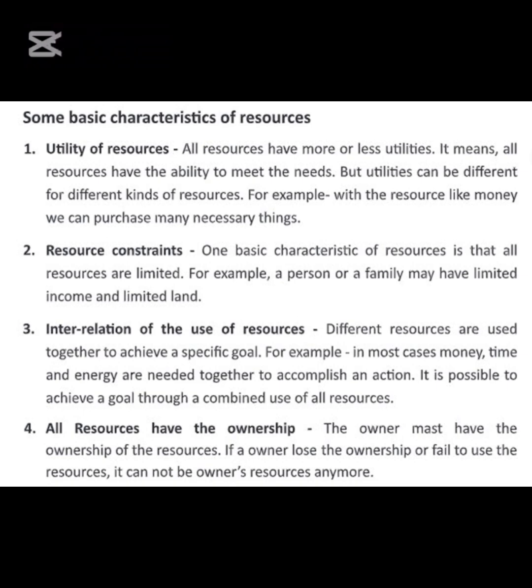It means different resources are used together to reach a goal. For example, we often need money, time, and energy at the same time to complete a task. By combining all resources, it is possible to achieve a goal. Number 4, all resources have ownership. The owner must have the ownership of the resources.